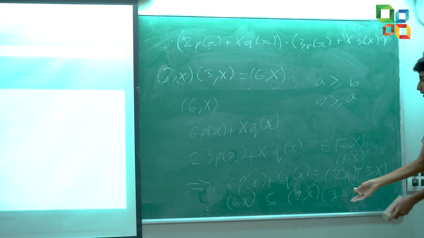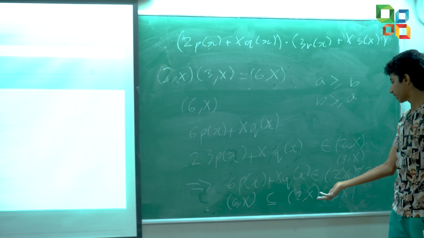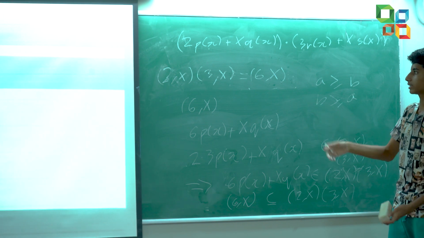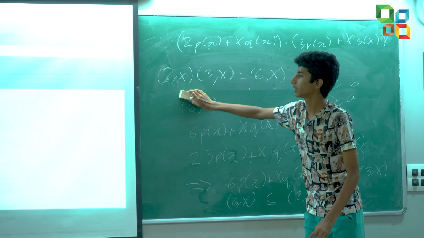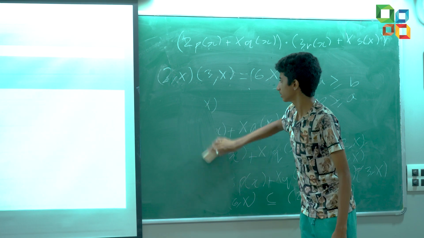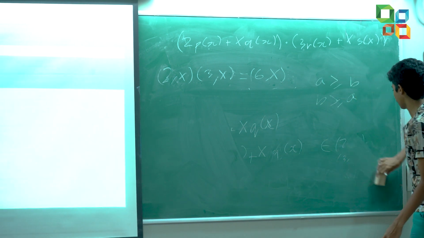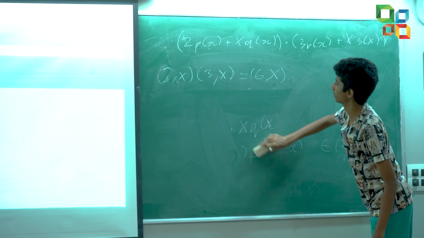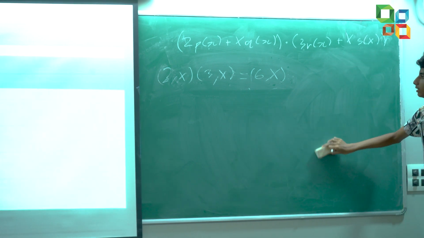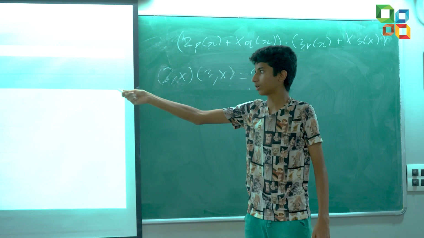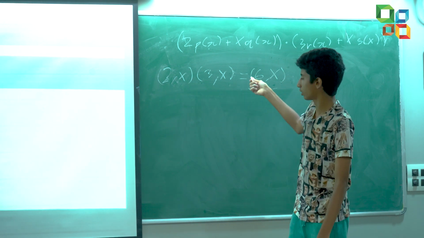A is equal to b. Similarly, 6 comma x is equal to 2 comma x times 3 comma x. Sorry, it wasn't that clear, but just take it for now. We'll follow the next steps.